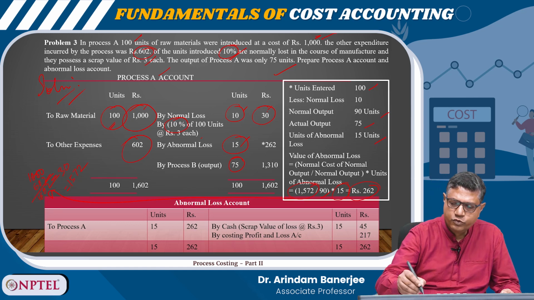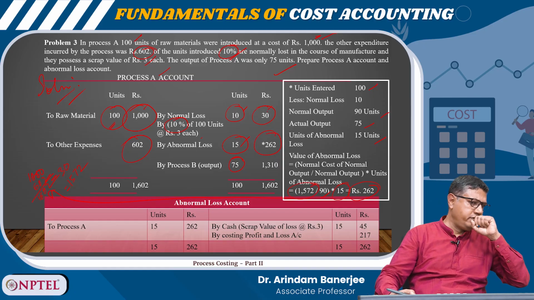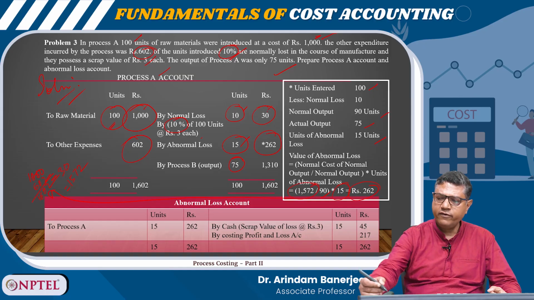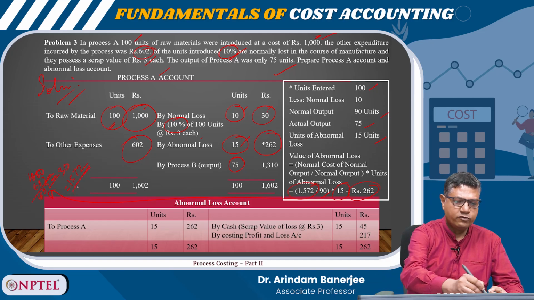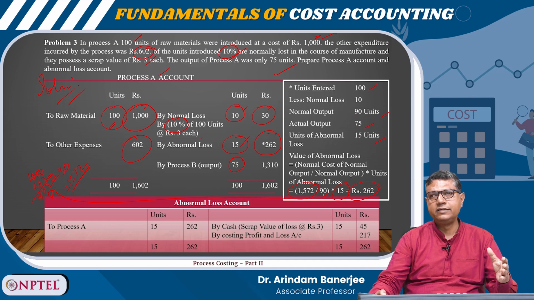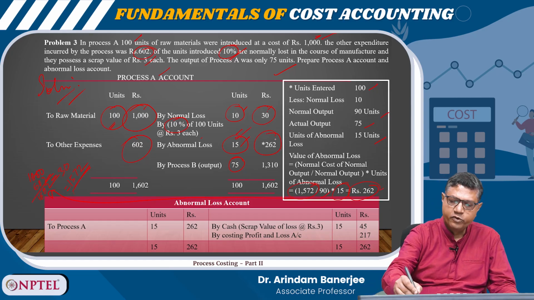So, this 262 I am putting here. The value of abnormal loss I can calculate by using this formula: normal cost of normal output divided by normal output in units, into units of abnormal loss. So, 1572 divided by 90, where 90 is 100 units minus normal loss of 10, into the abnormal loss of 15 units, it is coming 262.